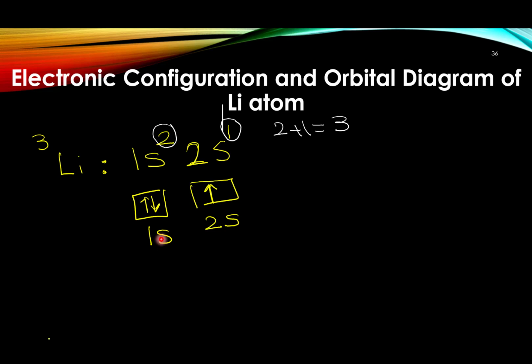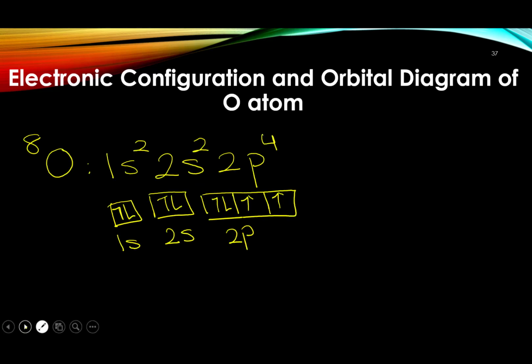Now, look at my oxygen. Oxygen, non-metal. P orbital is the last orbital, or the subshell. And look here. If I give 2p one more electron, what would it have? It will have a complete full shell.